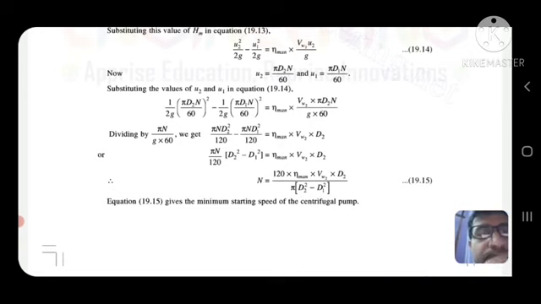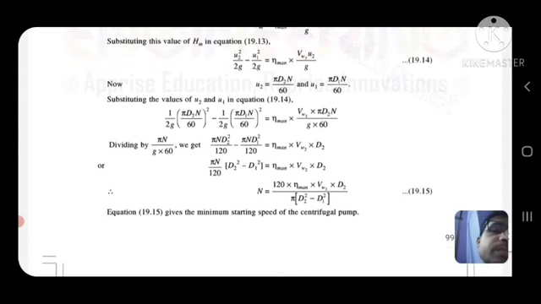Substituting the values of u2 and u1 in equation 1: 1 by 2g (pi D2 N by 60) whole square minus 1 by 2g (pi D1 N by 60) whole square equals eta manometric into Vw2 into pi D2 N by g into 60.